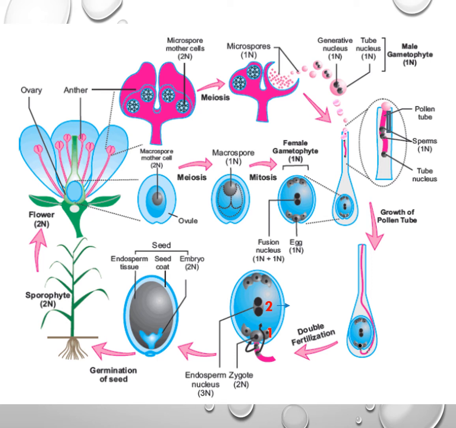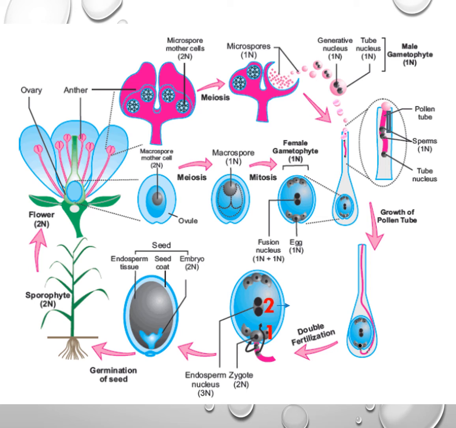Number one is the egg which is fertilized and forming zygote, which is now 2N. At position number 2 it was the endosperm nucleus, which is now fertilized because it was diploid previously, and now a sperm which is haploid, 1N, joins the diploid 2N. 2 plus 1 will form 3N endosperm nucleus.